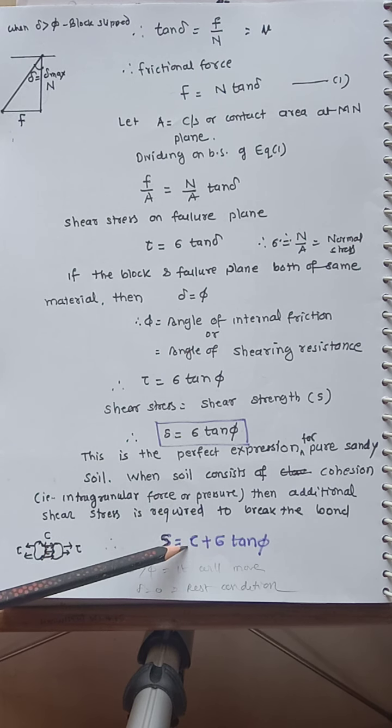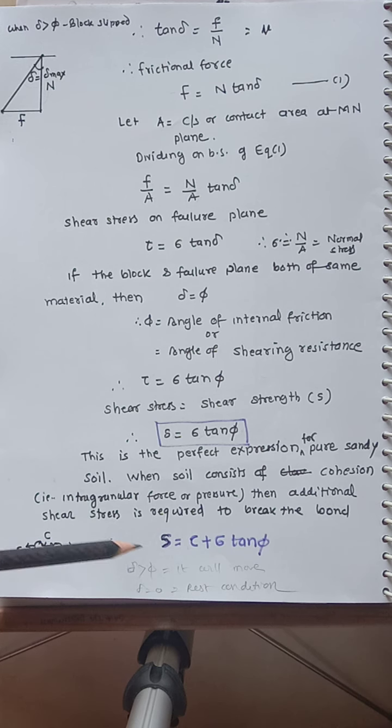The cohesion C is added because it is a bond between the two particles, and to break that bond extra force or stress is required. So directly that additional stress, called cohesion, is added here. Cohesion is a small c, it is like a pressure, and the unit is kg per centimeter square or kilonewton per meter square.